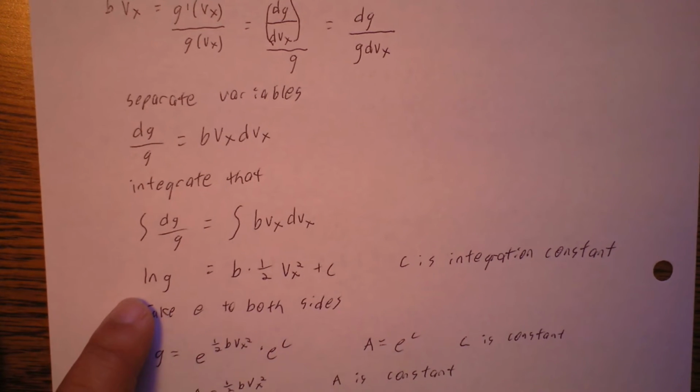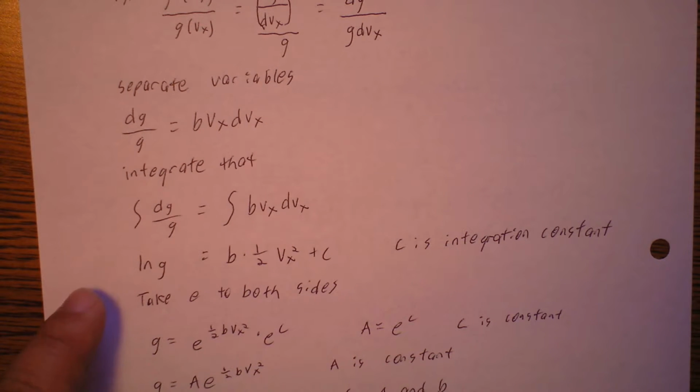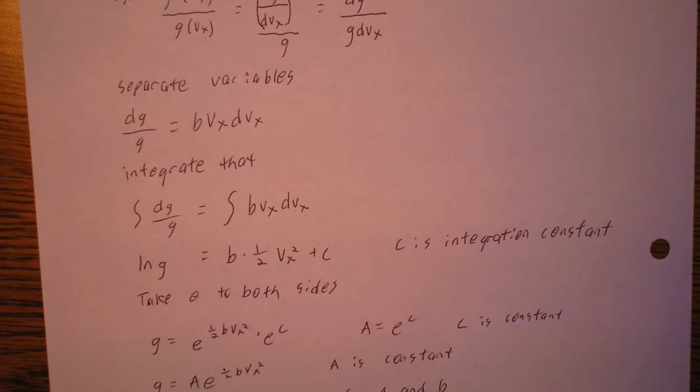Now let's say that the natural log of g is going to be equal to b times 1/2 x component of velocity squared plus c. So the integral of 1 over g is natural log of g, and so on. So that's our integral.